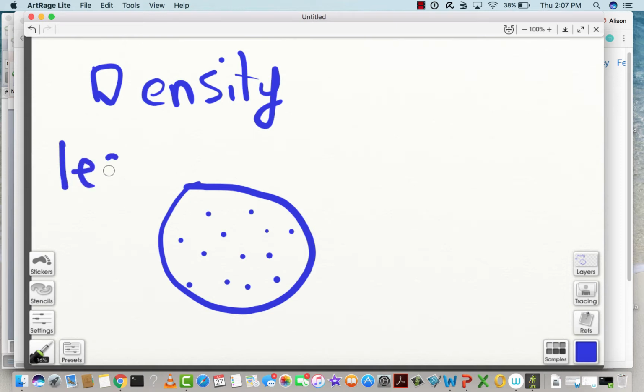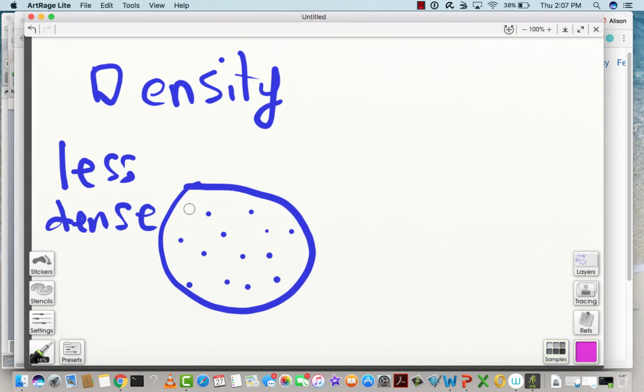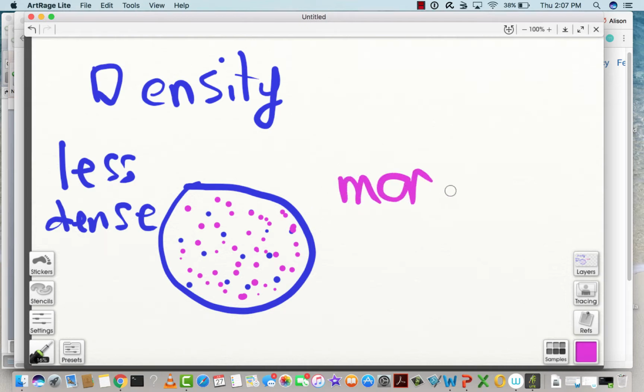So this is less dense, the blue example, and then just to be lazy, I'll superimpose some more molecules on top of this to indicate the more dense case. Hopefully this is a familiar concept that you've heard about from high school chemistry or physics. So this is more dense.